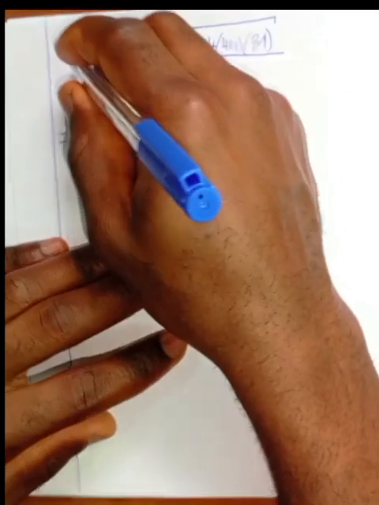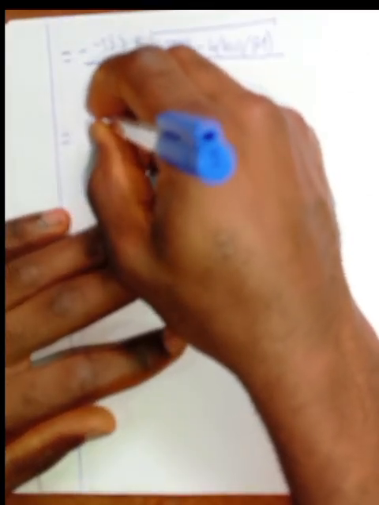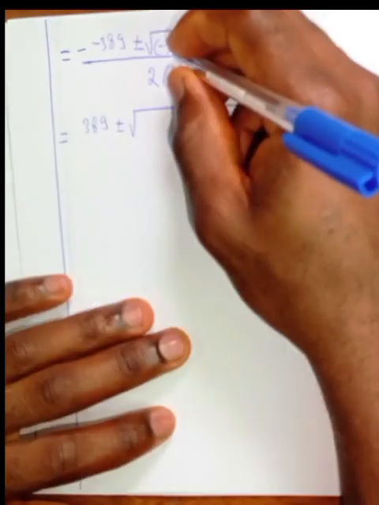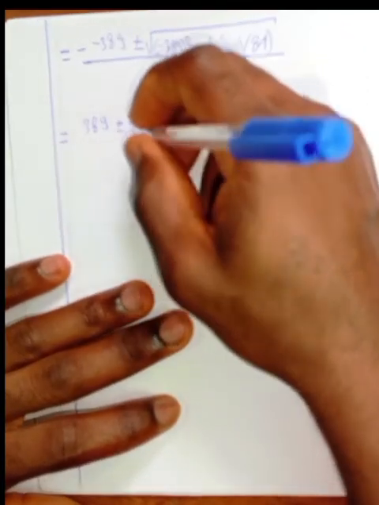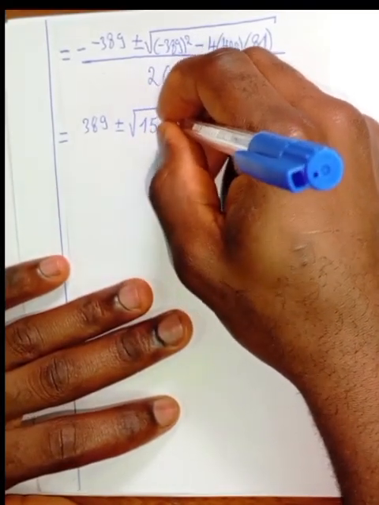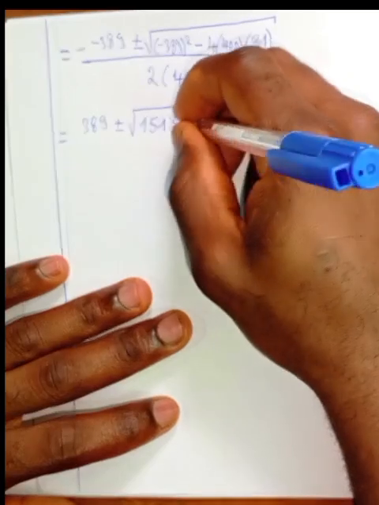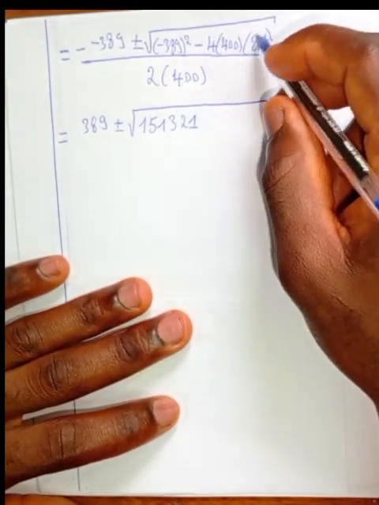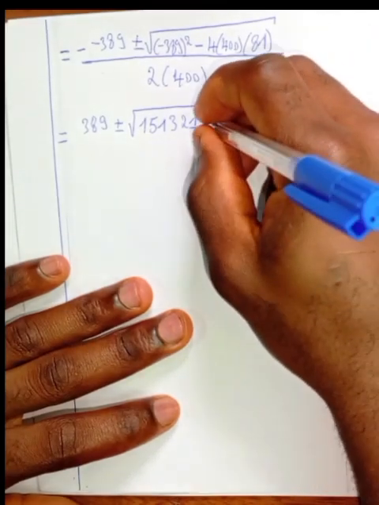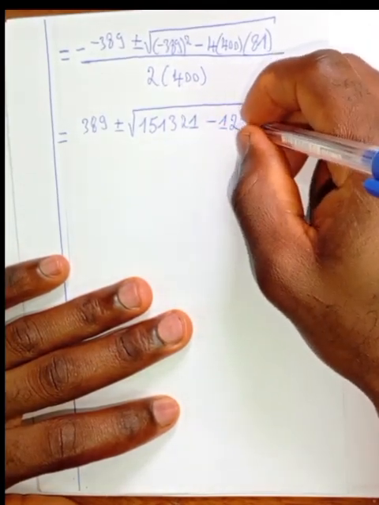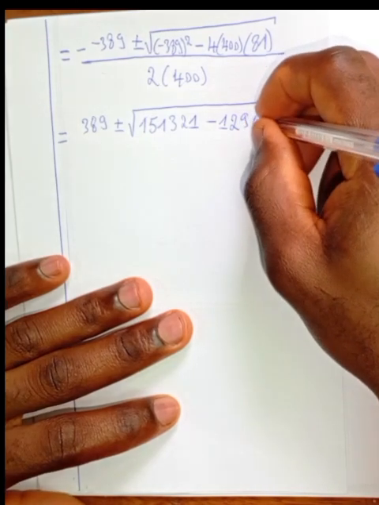This will simply be equal to, we know positive, negative gives us positive 389 plus or minus the square root of negative 389 squared will give us 151,321. Negative 4 times 400 times 81 gives us negative 129,600.